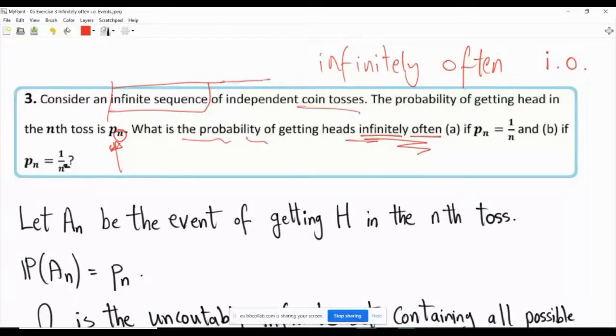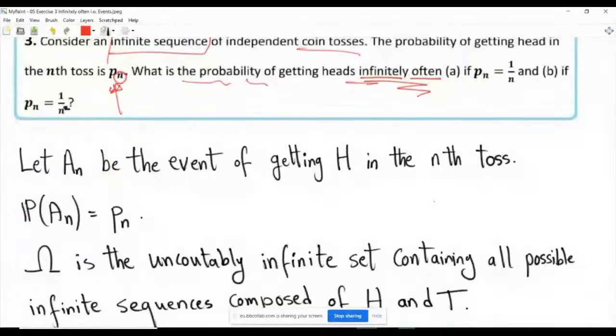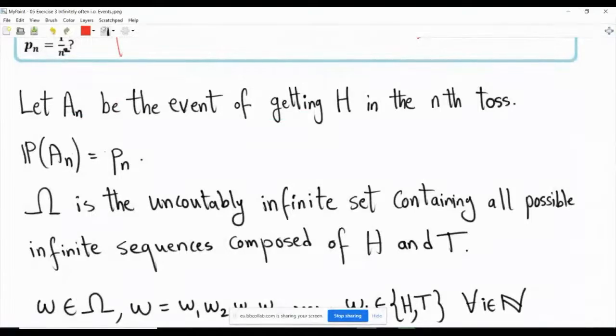So let's focus on this infinitely often business if you don't know it from some previous course. Let An be the event of getting H in the nth toss, and again the probability of An depends on n, so it's not a fixed number.